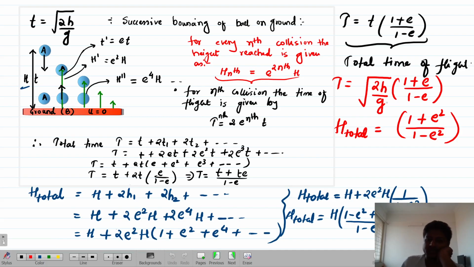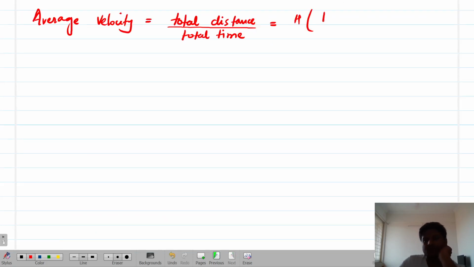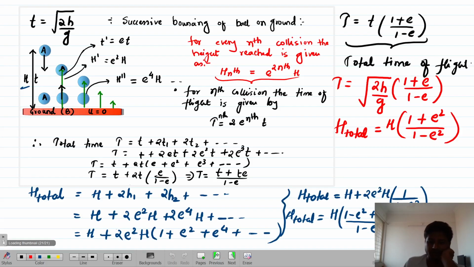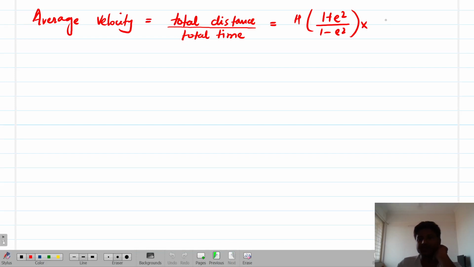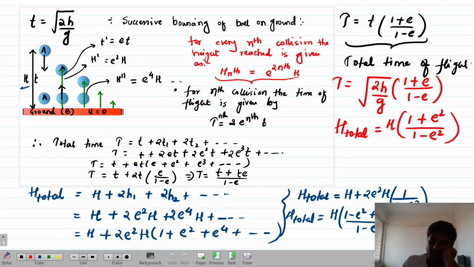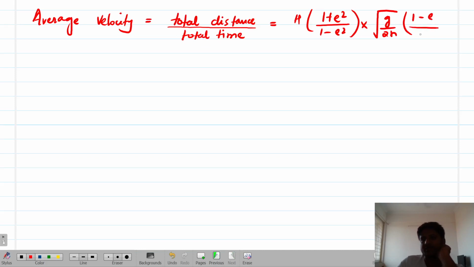Total distance traveled is h total, h times (1 plus e square) by (1 minus e square), divided by total time. I'll directly write the reverse form. Total time is root under 2h by g times (1 plus e) by (1 minus e), so it will just interchange. It will be root under g by 2h times (1 minus e) divided by (1 plus e). Are you able to get me or not?